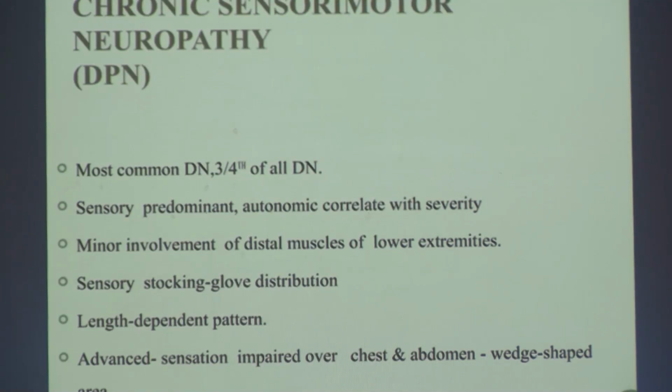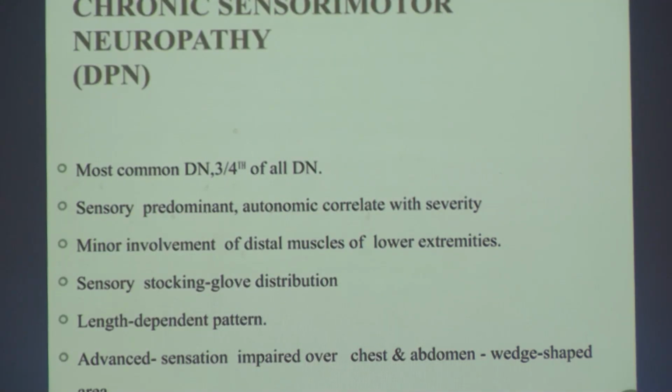Chronic sensory motor neuropathy is the most common form of diabetic polyneuropathy. It occurs in about 75% of cases of diabetic polyneuropathy. It is chronic sensory motor, not motor sensory, because the sensory component is predominant. Autonomic component may or may not be present, and that correlates with the severity of the diabetic polyneuropathy.